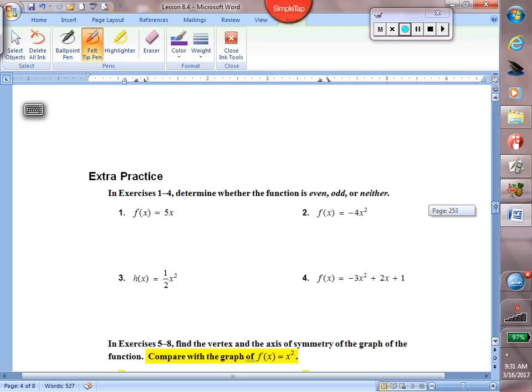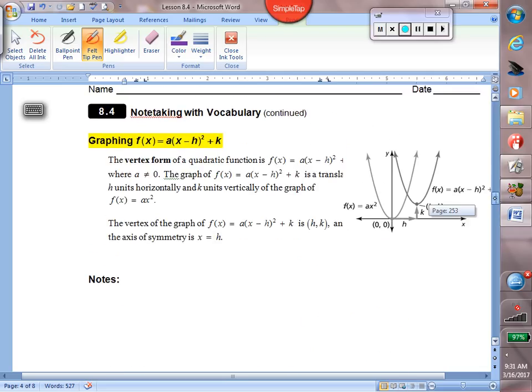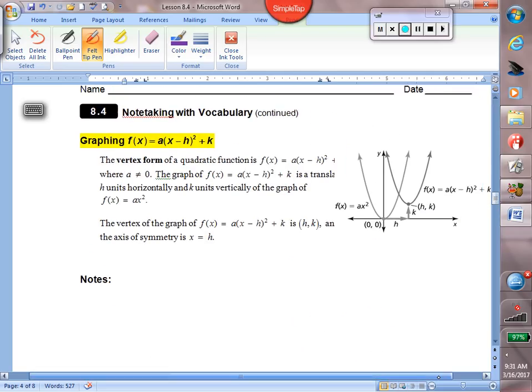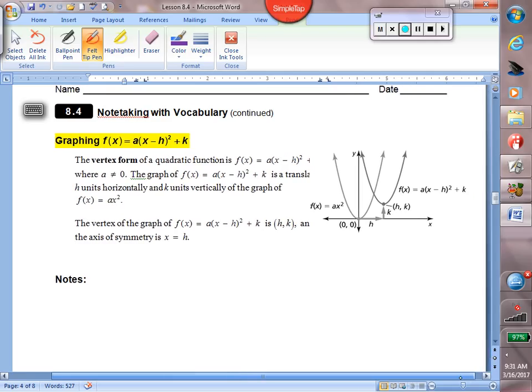Let's go ahead and turn to page 263 in your student journal. And let's go ahead and summarize what we've learned with all of our transformations. Up at the top of page 263, you see graphing f of x equals, and then we have a whole bunch of variables in our quadratic.